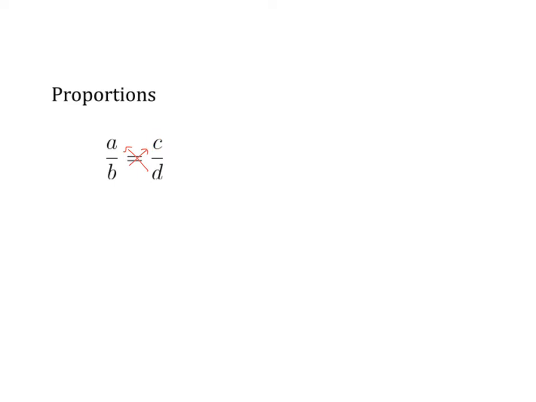So what we end up with is A times D on one side of the equation is equal to B times C on the other side of the equation. So when we see two fractions, or when we have a setup that has two ratios with an equal sign in between, this is when we cross multiply.